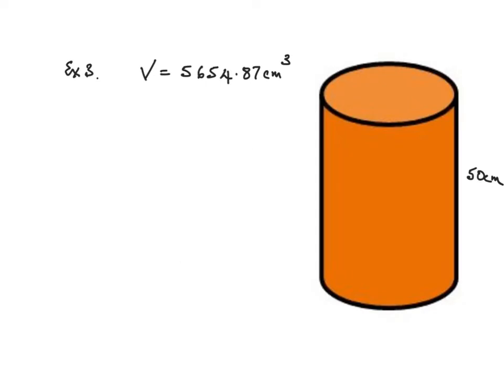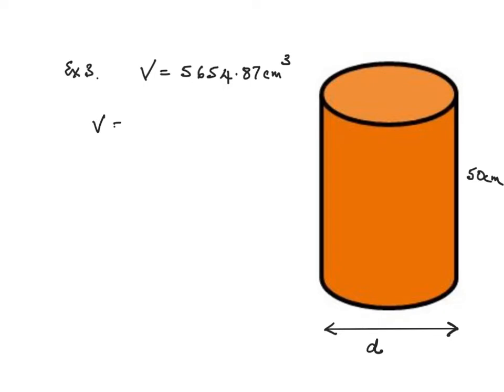Example 3, we have a cylinder. Now, in this case, we're told what the volume is, and we're told what the height is, and what we want to do is to work out the base diameter. So this is quite a tricky question, but you've done this sort of thing before.